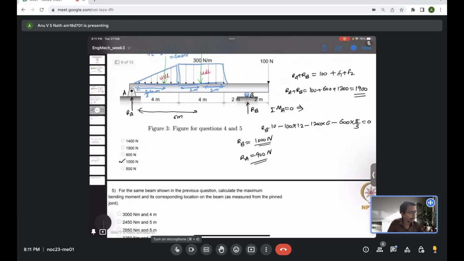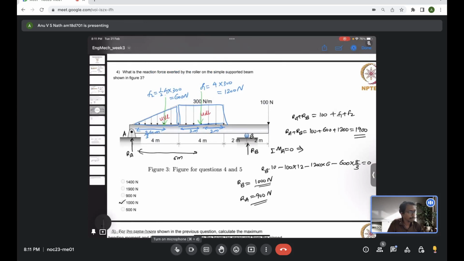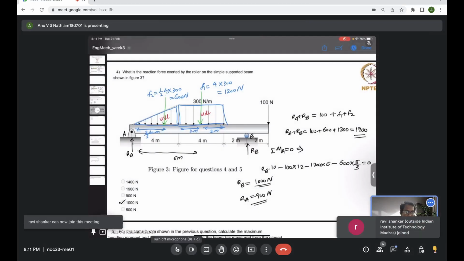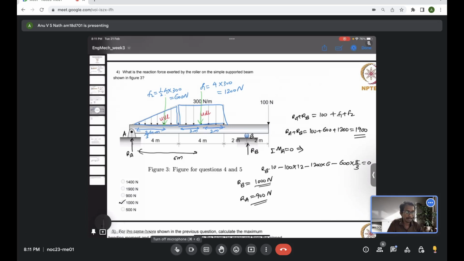Okay, so I think I was hiding the question. So this is the beam. For this beam, you have to draw the shear force diagram, then draw the bending moment diagram, and identify where the maximum bending moment is occurring and what its maximum value is.